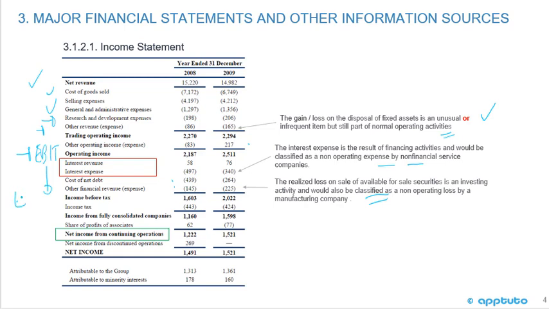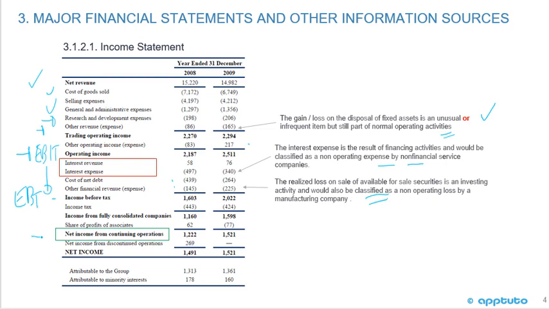Now you can see I've got my earnings before tax, EBT, or here it's written as income before tax, income tax. And then we have our income from fully consolidated companies. The previous slide was talking about that. And we have our share of profits of associates. So we might have some associate companies that we're not consolidating. This is where we put our share of profits from them.